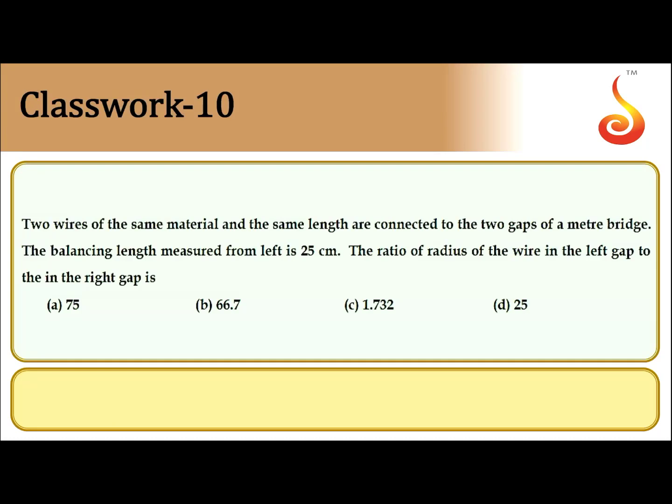Example 10. Two wires of the same material and same length are connected to the two gaps of a meter bridge. The balancing length measured from left is 25 centimeter. The ratio of radius of the wire in the left gap to that in the right gap is, okay.